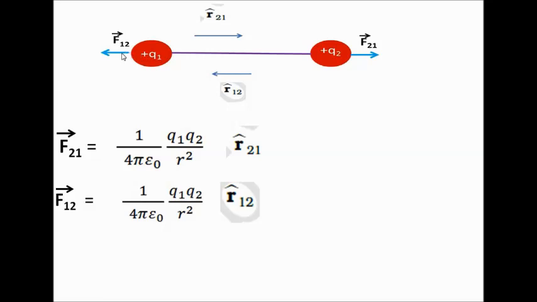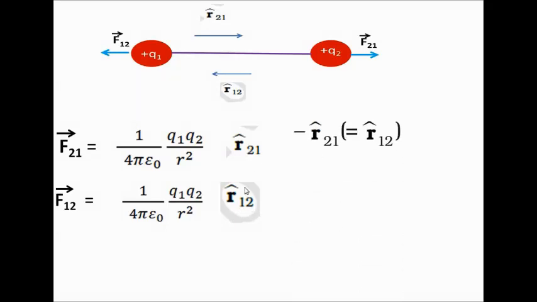So this is the direction of force experienced by Q1. So we have to add the unit vector acting along this direction. The unit vector acting along this direction is r cap 12. r cap 12 is the unit vector leading from 2 to 1. So F12 is equal to 1 by 4 pi epsilon 0 Q1 Q2 by R square r cap 12.